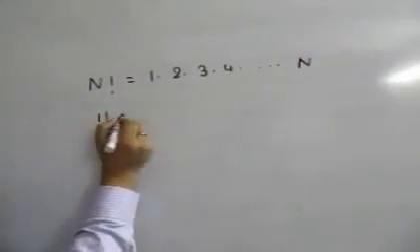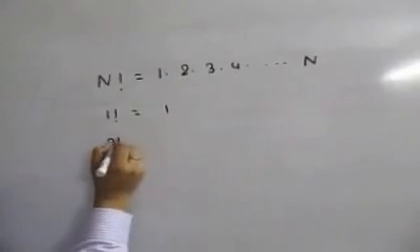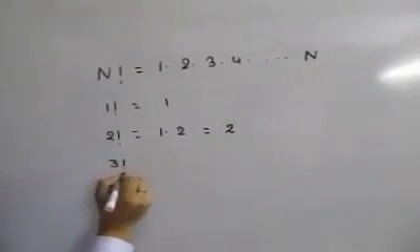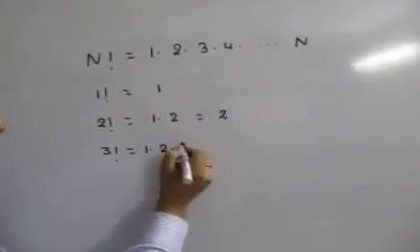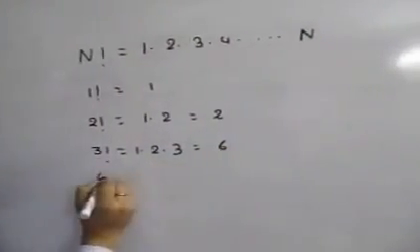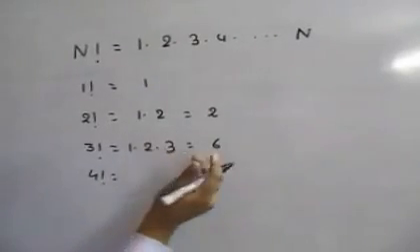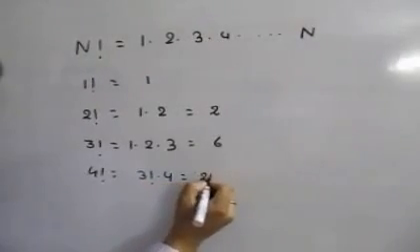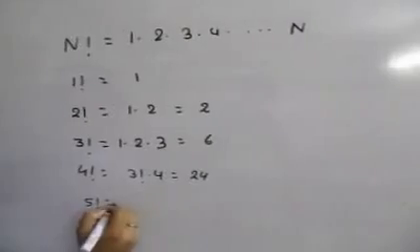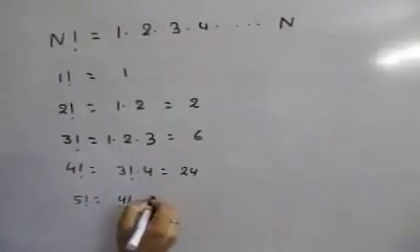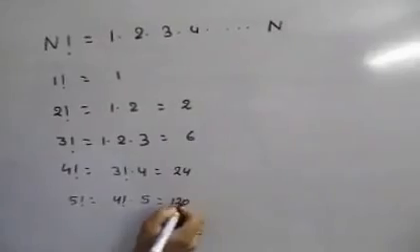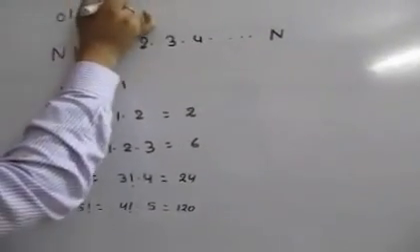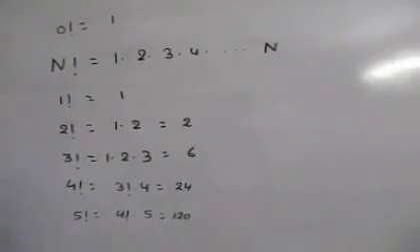Hence by this definition 1 factorial is equal to 1. 2 factorial is equal to 1 into 2, that means 2. 3 factorial is equal to 1 into 2 into 3, that means 6. 4 factorial means 1 into 2 into 3 into 4, or we can write 3 factorial into 4, which is 24. 5 factorial is equal to 4 factorial into 5, or 120, and so on. 0 factorial is equal to 1. Proof of this we will see today only, why 0 factorial is equal to 1.